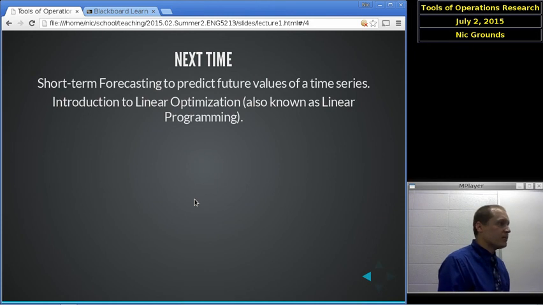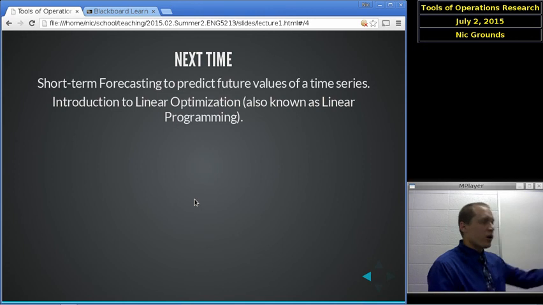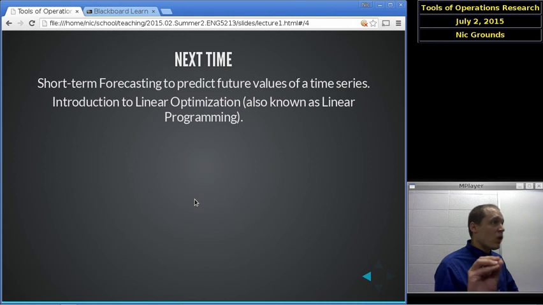We'll go into optimization. The first assignment will involve using an Excel spreadsheet. I'll provide it for you. It's one they provide with the book, and it'll literally be just applying one or more data mining algorithms like we did tonight to that data.